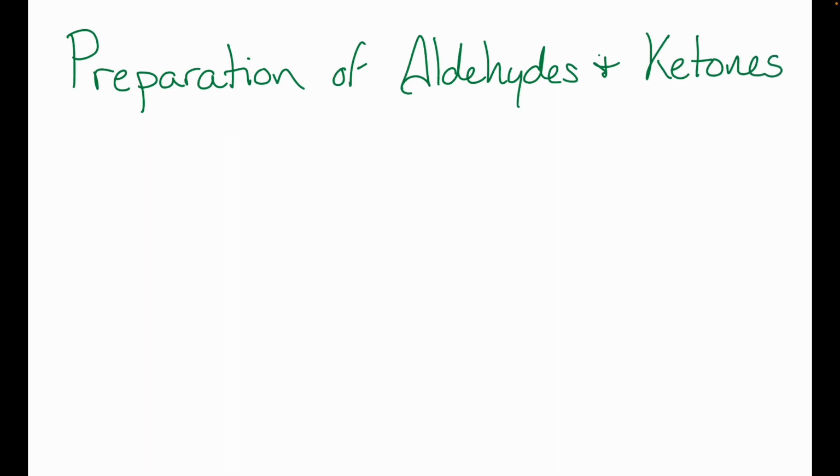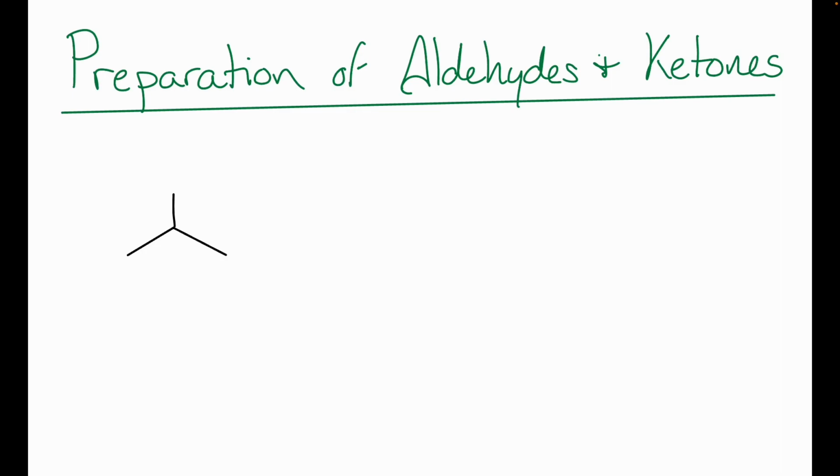All right, we have a few different methods for preparing aldehydes and ketones, one of which was first introduced just in this past unit and is the most common way for generating aldehydes and ketones, at least in the laboratory, and that would be if we started with, for example, a secondary alcohol, we could convert that to a ketone.